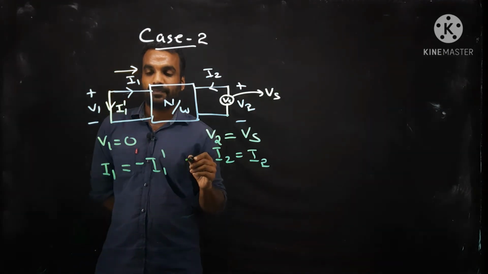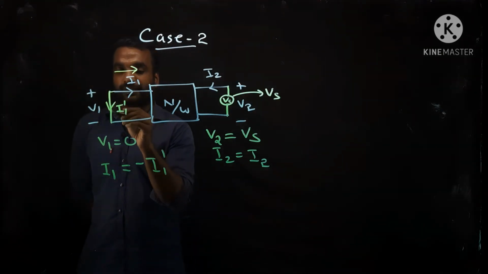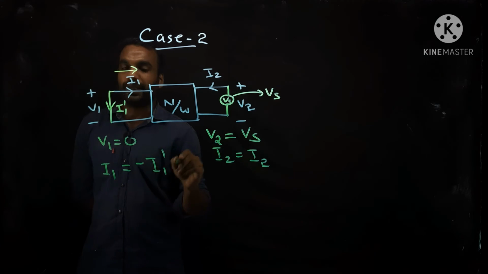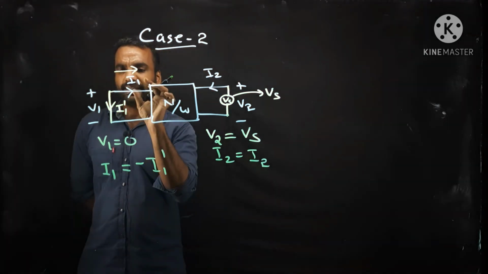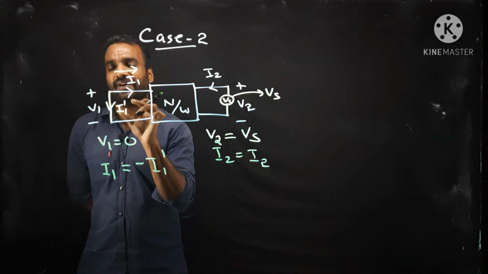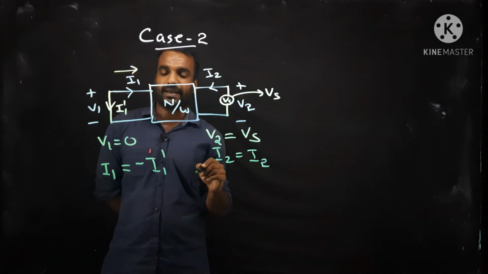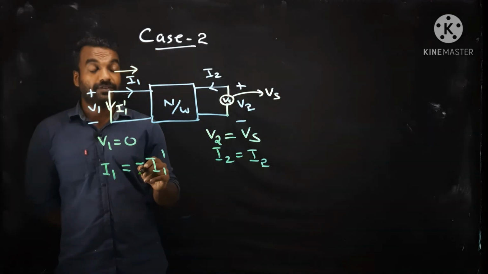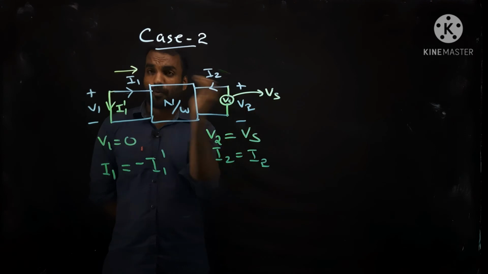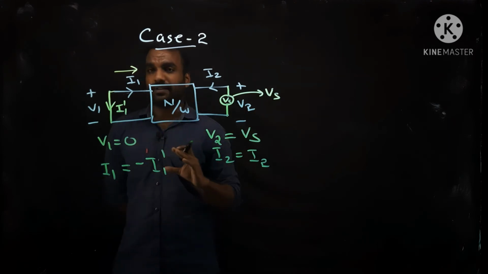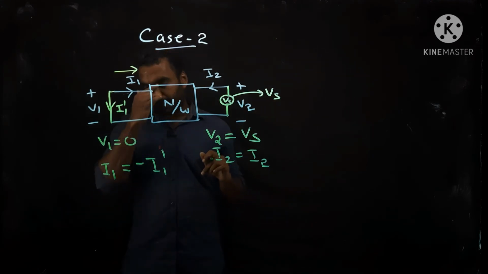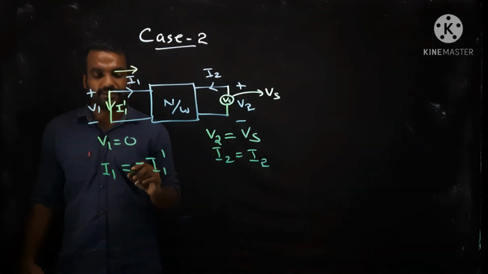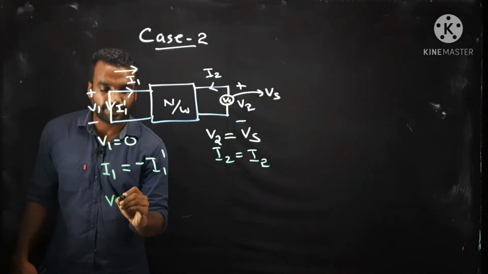Why so? The net I1 is flowing in opposite direction with new name, it is having some value. That's why we termed it as minus I1 dash. Negative sign indicates it is flowing in the opposite direction of the expected I1. Okay. Now we have to substitute these things. Actually this was our basic equation.